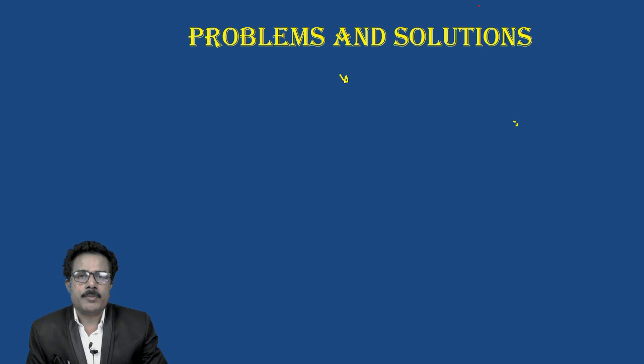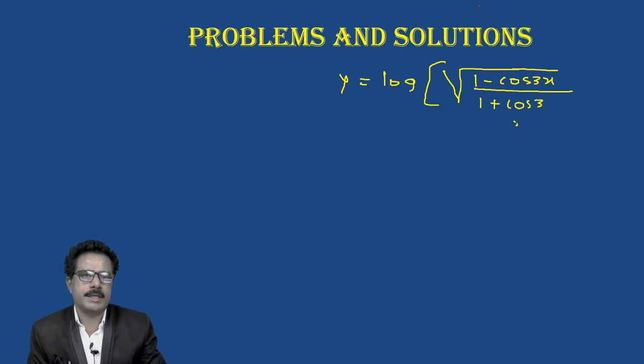See here, consider this example. Suppose y is equal to log of, same example, square root of 1 minus cos 3x divided by 1 plus cos 3x. Now before differentiation we can simplify this in the square root.